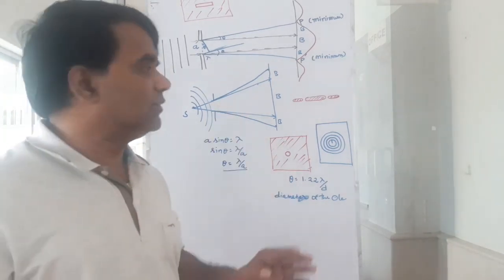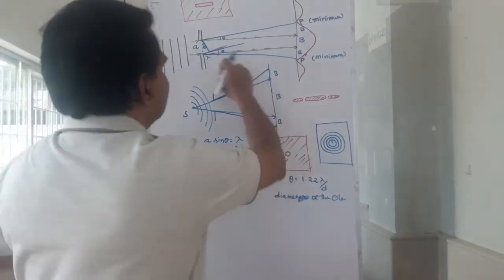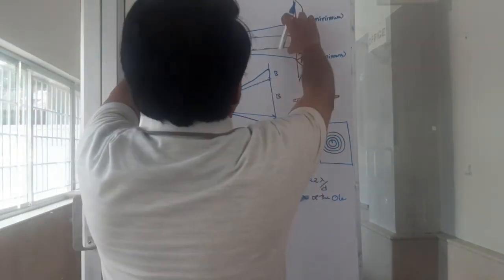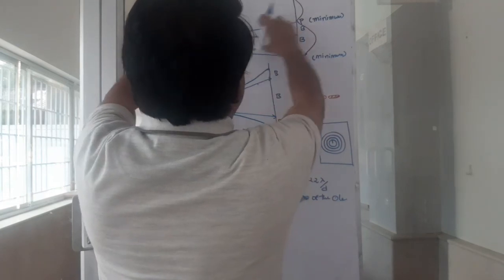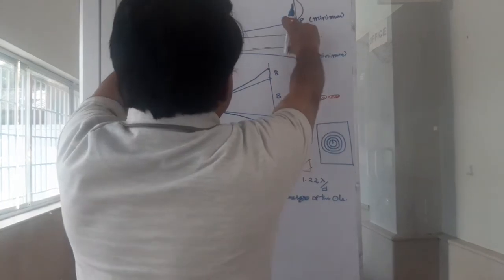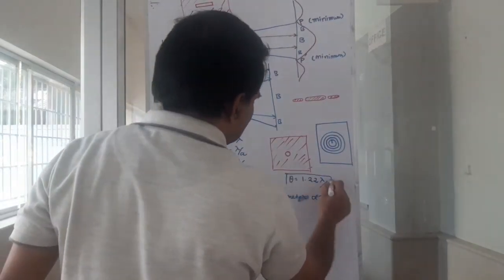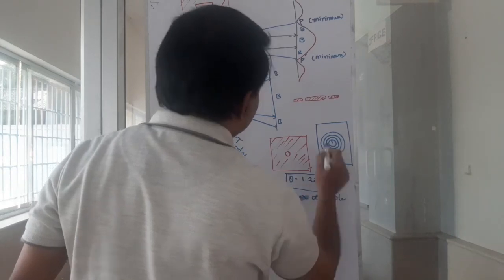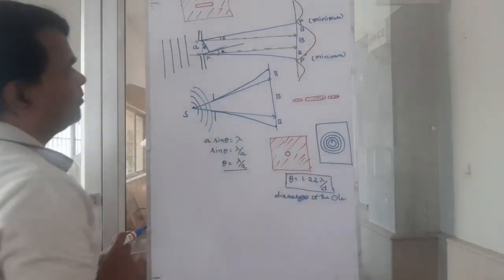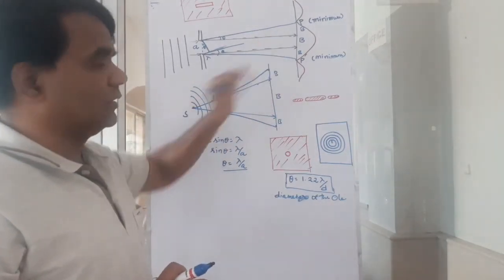But just remember that this angle theta is going to make a circle, and then you can find the theta, right? The angle of this flare. This theta is now given by this expression, theta is equal to 1.22 lambda by d. Okay, we want to understand this.